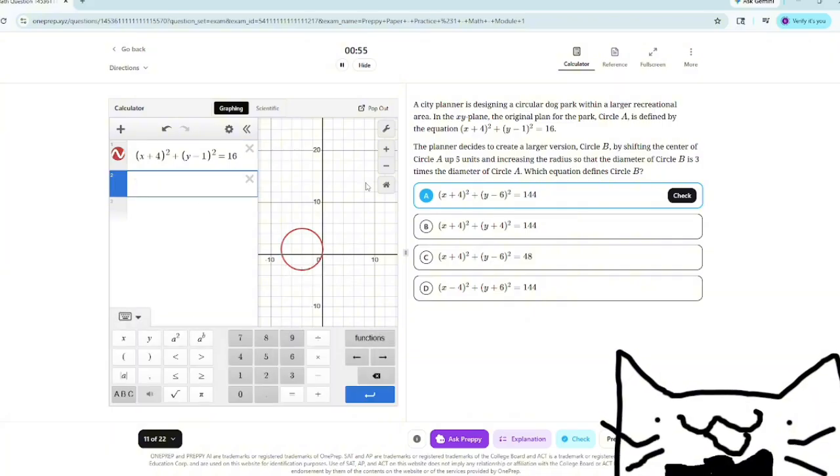So, yes, you can plug it in. So we do that for the x. Oh, I was thinking this one. x plus 4 squared plus y minus 6 squared equals 144.